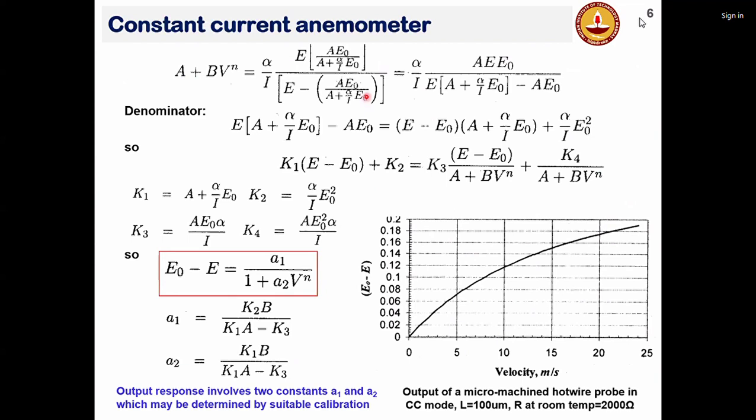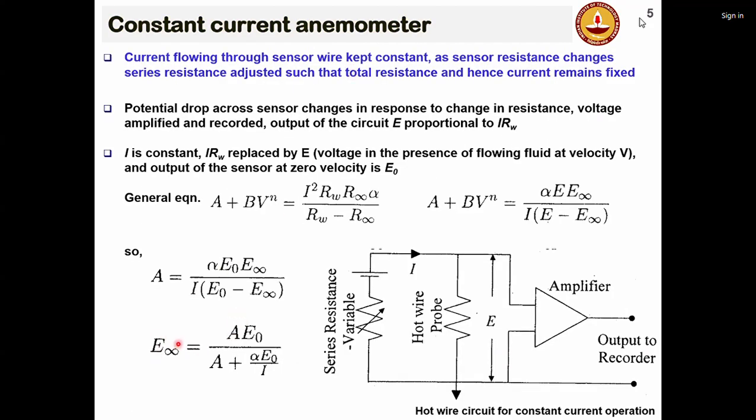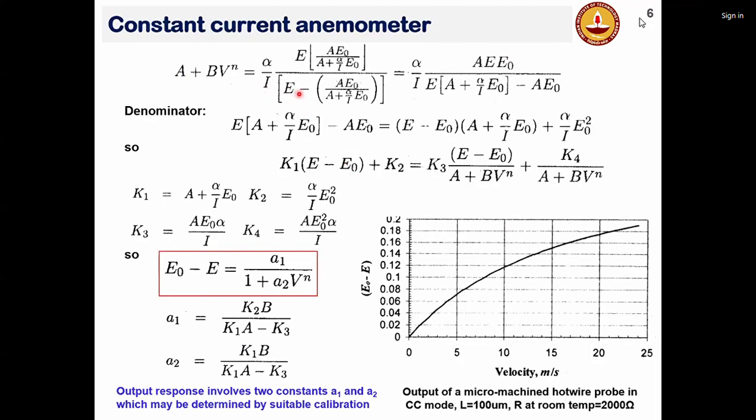So when you do, basically you have A plus B to the power n, you get alpha over I E into this term, which is basically infinity, then E minus E infinity. This is E infinity. If you walk through the math, I am not going to follow each and every step. This is relatively simpler to follow.